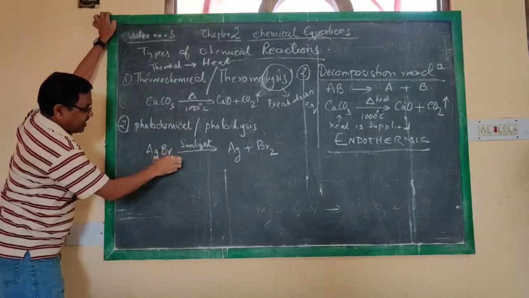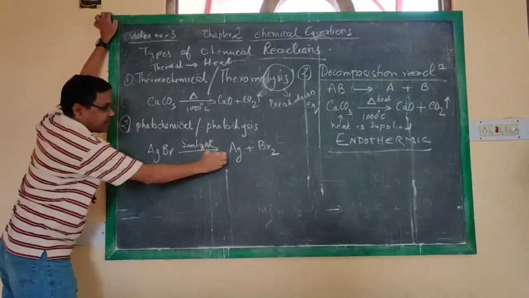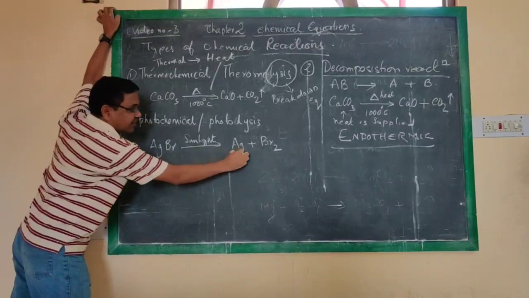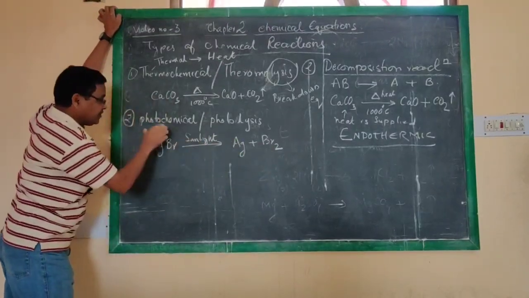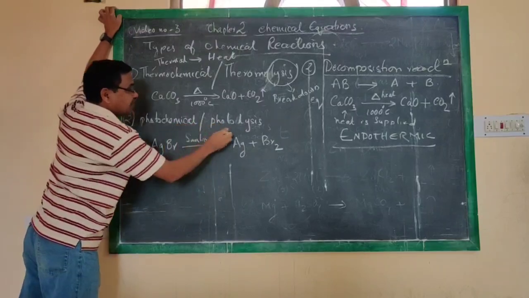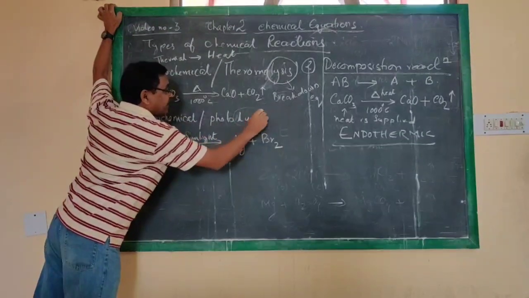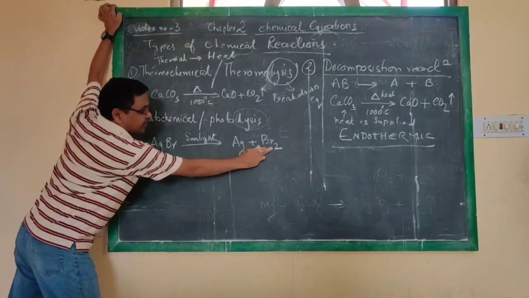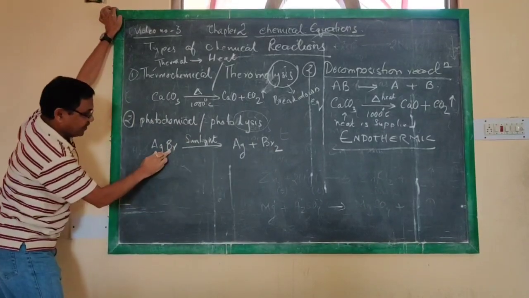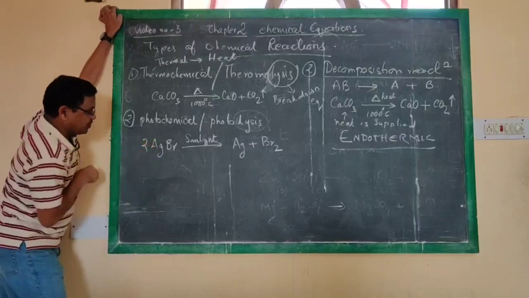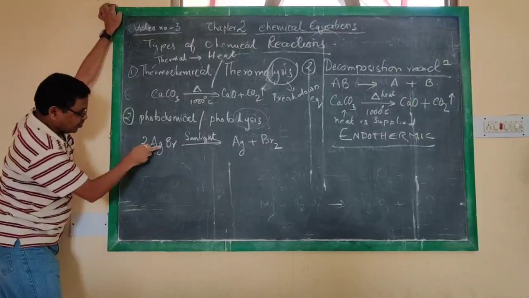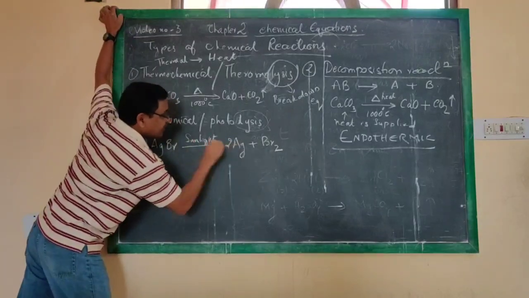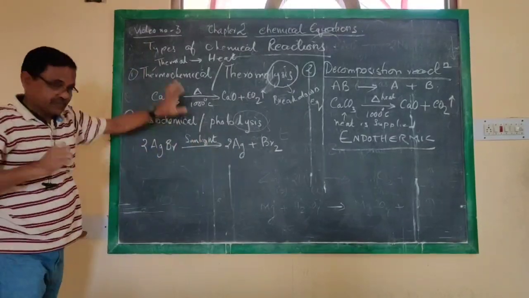These types of reactions, where sunlight is required to split silver bromide into silver and bromine, we call a photochemical reaction or photolysis. Again, lysis means breakdown. Here also balancing is required. We have 2 atoms of bromine here and only 1 atom there, so we will put 2 as a coefficient. So Br2, you have 2 Ag, so we put it here to make a balanced chemical reaction.